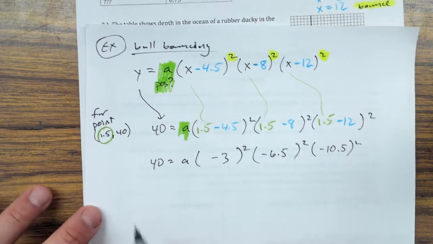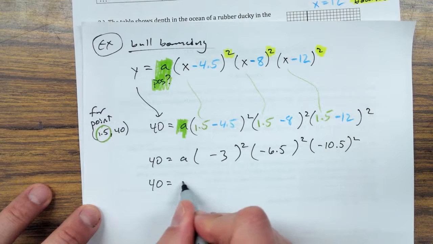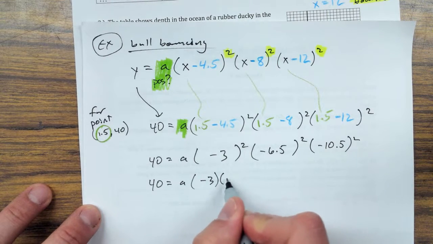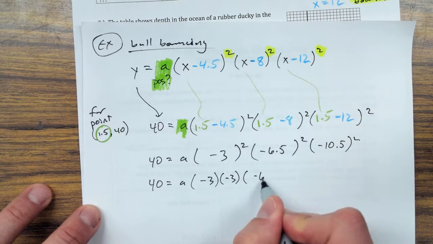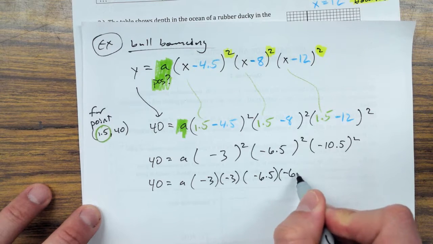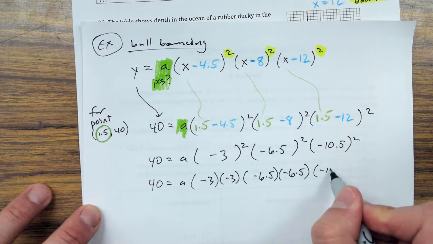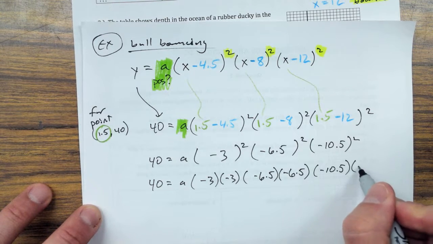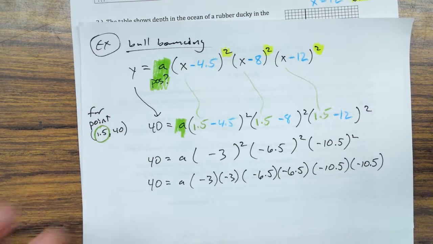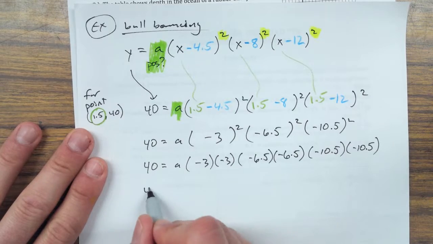Now remember that squared basically means copy and paste it. Just as a side note, you don't necessarily have to write it down, but you have to at least think it. Okay, squaring means copy and pasting.